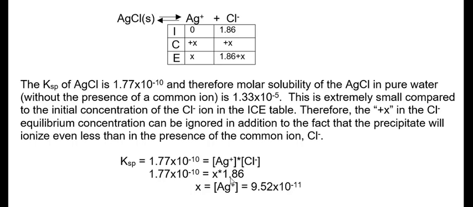And we're assuming the concentration of chloride is 1.86 based on what I said earlier and these statements here. So now our math is pretty easy, and we solve for x, which is the silver ion concentration. And you can see how extremely small this is in the presence of the common ion as compared to what it would have been in pure water without the presence of the common ion.